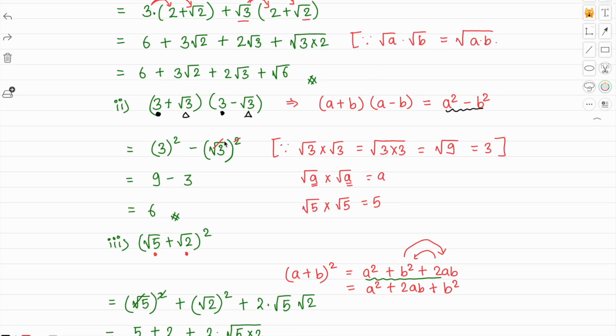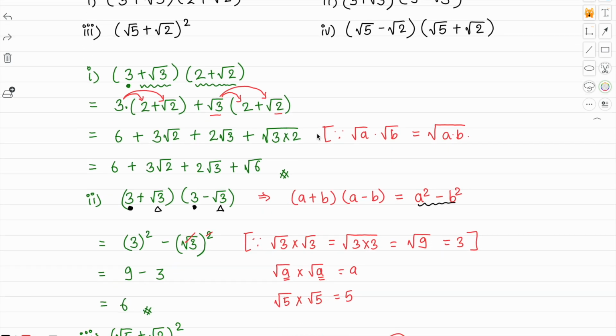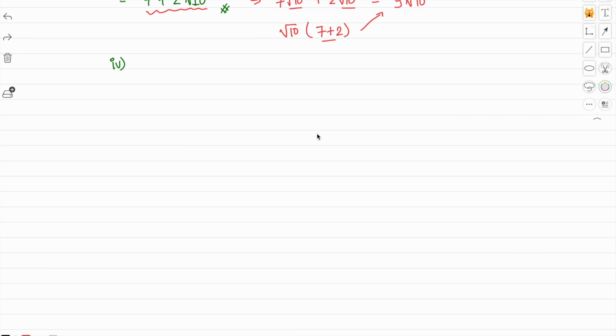So our final question was (√5 − √2) and (√5 + √2). Okay, let's copy the question first. So we had (√5 − √2), and then we have (√5 + √2).